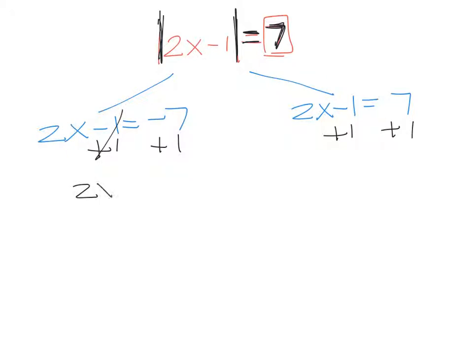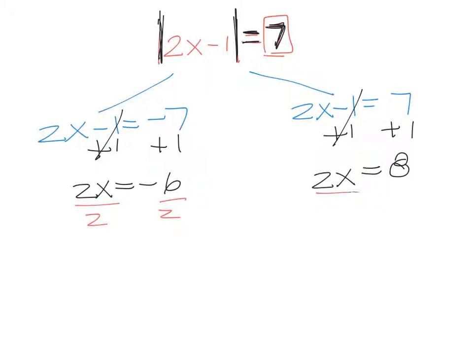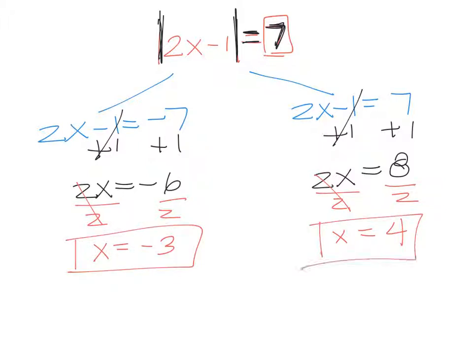So that'll give us 2x equals negative 6. And 2x equals 8. And then in each scenario, you would need to divide by 2. And that would give you x equals negative 3 and x equals 4. So again, you have 2 answers, negative 3 and 4.